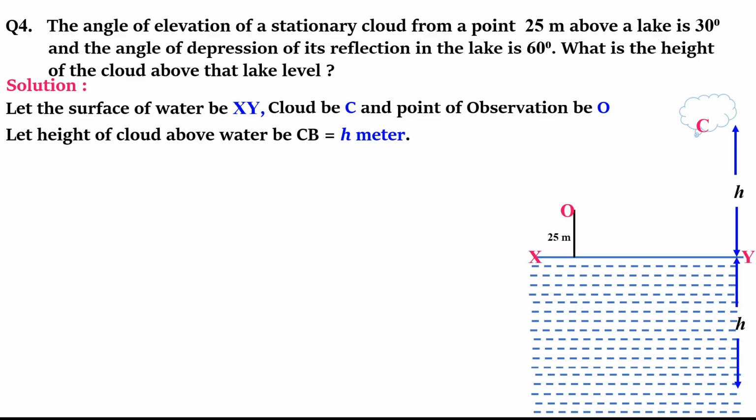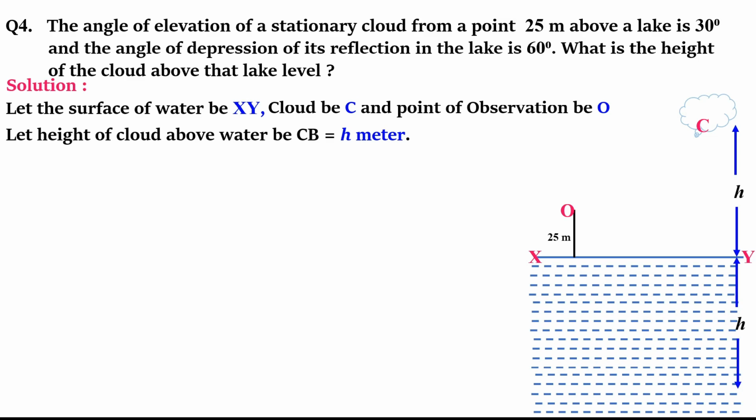If I read the second part of the question, of course there is an angle of elevation and there is an angle of depression also, but that angle of depression is from the same point of observation O, but this time we are looking at its reflection. So here we have to use a little knowledge of physics, that the image is formed as far behind the mirror as the object is in front of it. So it's like a mirror only.